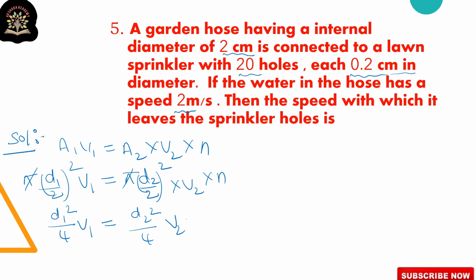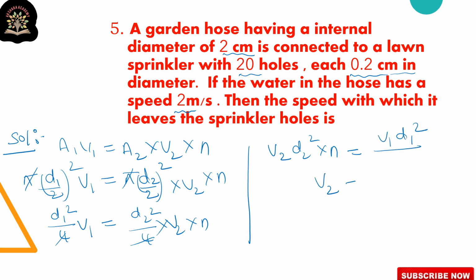Here 4 gets cancelled. Now we have to calculate the speed with which it leaves the sprinkler holes, so V2 we have to calculate. So V2 into D2 square into N equals V1 D1 square.